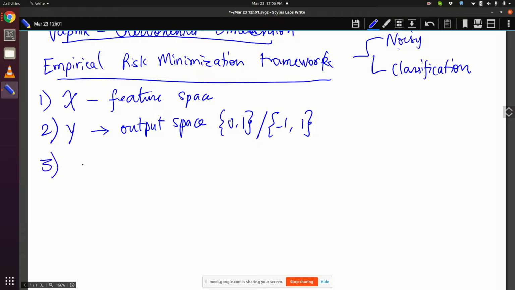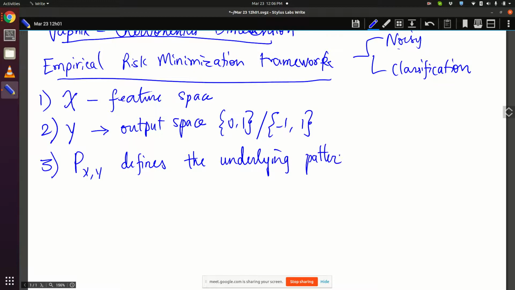Third, p of x comma y defines the underlying problem space, the underlying pattern, if you want to say. What is the meaning of this? There is some distribution of x, and p of y given x also has some distribution. Given that you have x, what is the chance that the label will be this y? When we say something is noisy, it means that for a particular value of x, both y's are possible.